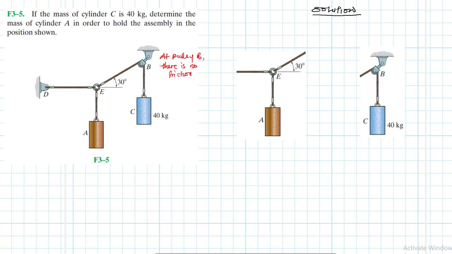And if this is the case, therefore we expect tension EB to be equal to tension BC.